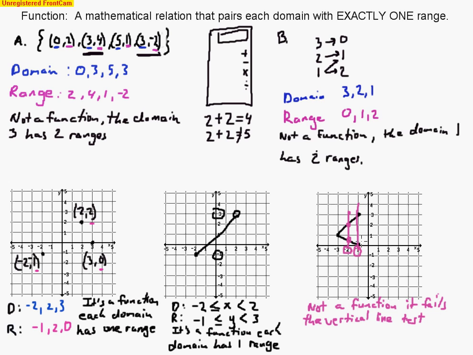That means they have the same domain and different range values. Range values for this point would be 3, this one would be 0, but they have the same domain. So that means that domain of -1 has 2 ranges. So it's not a function. Now, those are the types of problems that we'll see on tonight's homework.